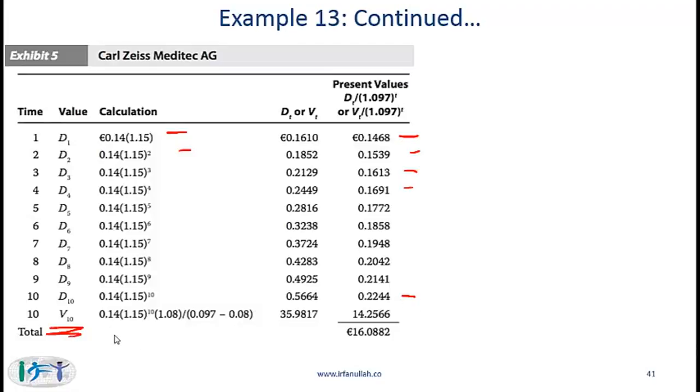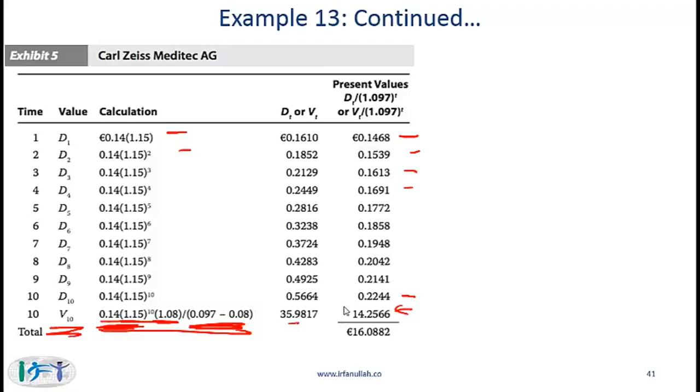They have computed V10 using the method that I just talked about. So up to here is D10 multiplied by 1.08 makes it D11, divided by R minus G gives you the value at time 10, and then the value at time 10 is discounted back.